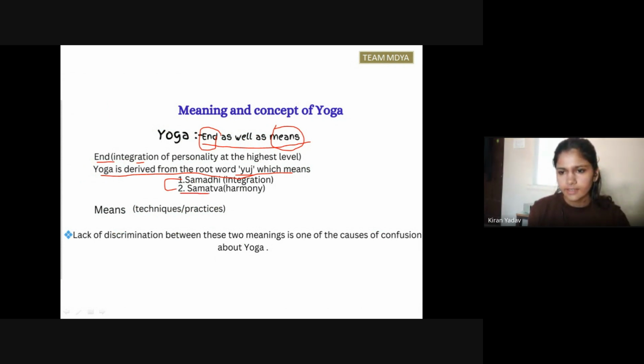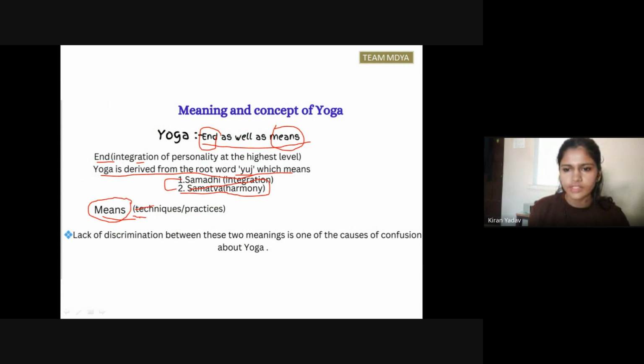And second, samatva, harmony. So this is end and this is means. In means, all these techniques and practices are included, which we do, like asanas and pranayam and all different techniques. So these come under means.